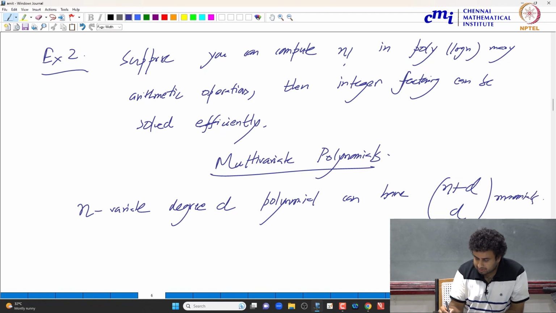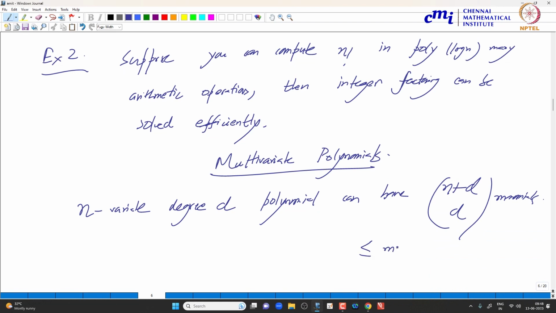and this expression can be shown to be at most min of n to the power d and d to the power n. So unless n is constant or d is constant, there are exponentially many monomials for a general n-variate degree d polynomial.